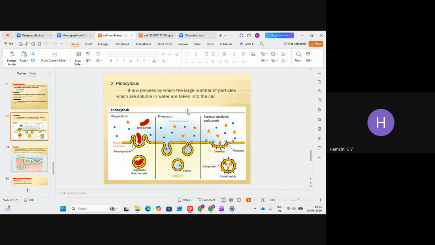pinocytosis, and receptor-mediated endocytosis. First, draw this rough sketch.